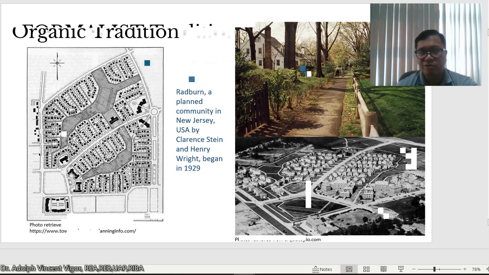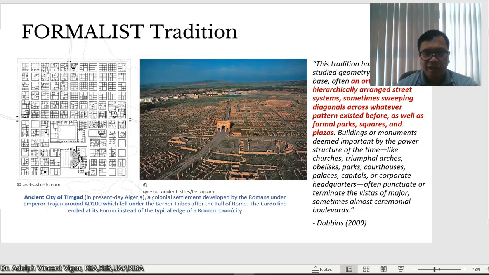Then we also have the formalist tradition. This is the ancient city of Timgad, a colonial settlement developed by the Romans under Emperor Trajan around 100 AD. If we look at the plan, it's straight and grid-like.